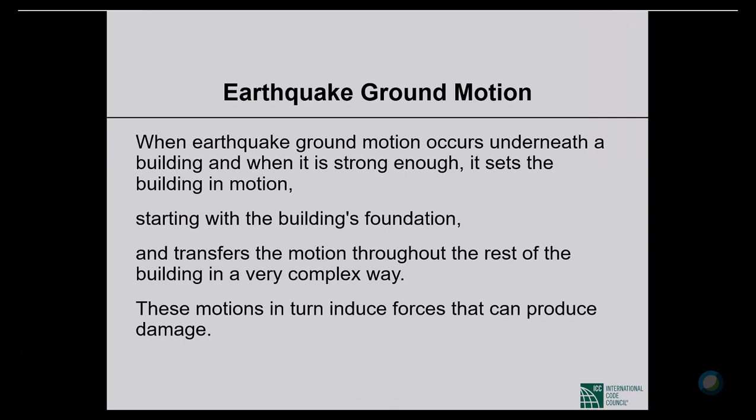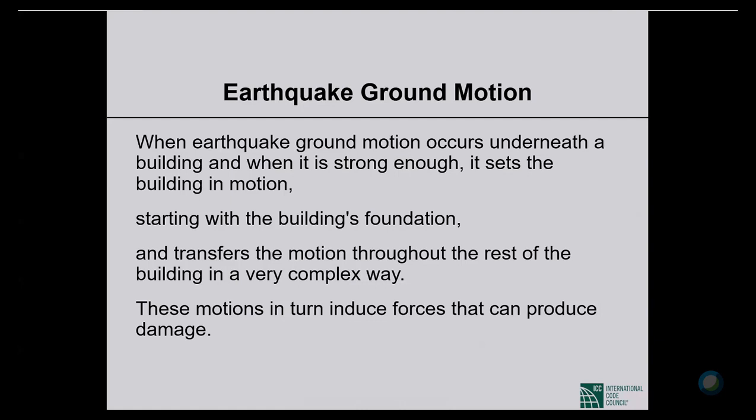When earthquake ground motion occurs underneath a building, and when it is strong enough, it sets the building in motion. And the motion always starts with the building's foundation. The foundation is moved from underneath the structure. This motion of the foundation transfers its motion throughout the rest of the building in a very complex way. This is, if anything, an understatement.